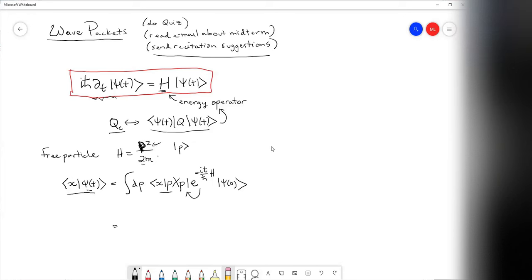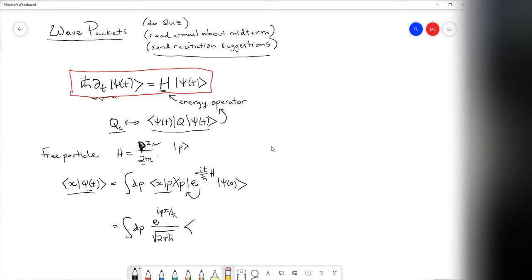We know what this is from last time, right? This is the wave function associated with a particle with a fixed momentum. So it's e to the i p x over h bar, divided by the square root of 2 pi h bar.